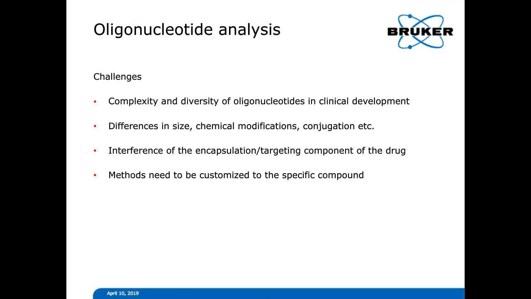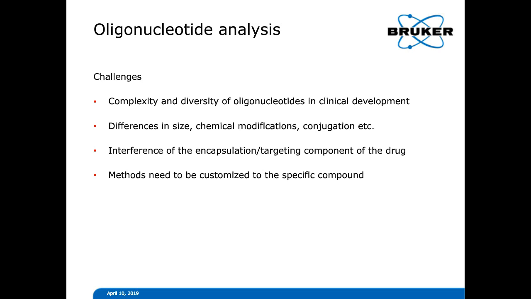There are several challenges that one comes across in oligonucleotide analysis. For example, there is a huge complexity and diversity of oligonucleotides. These are differences in size, chemical modifications, or conjugation. Another issue could be the interference of the encapsulation or targeting component of the drug.